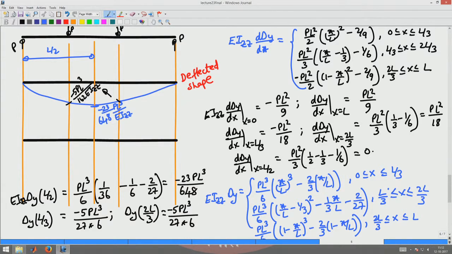Now, let us draw the slope, that is, the variation of theta, that is d delta y by dx, okay. We find that the slope is 0 at L by 2, because as expected the deflection is maximum there, and then it varies from negative on the left hand side of the midsection to positive on the right hand side of the midsection, okay.